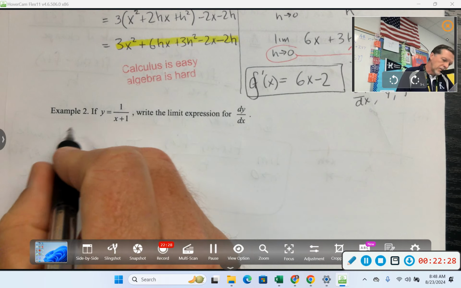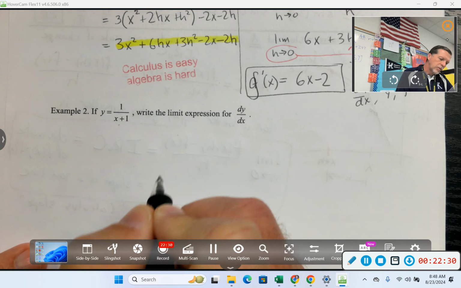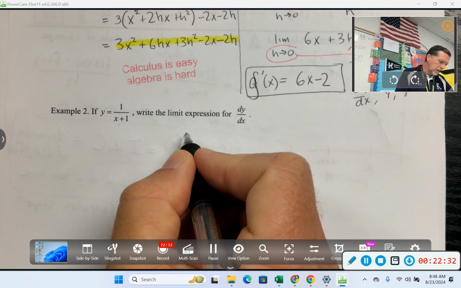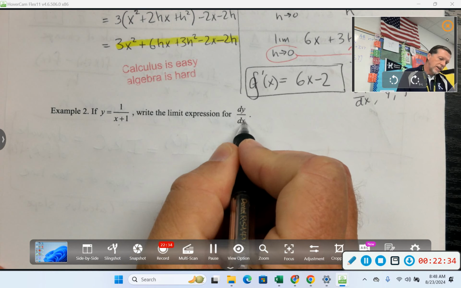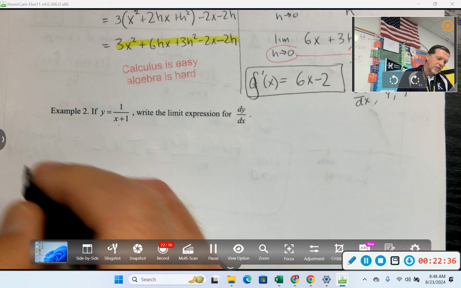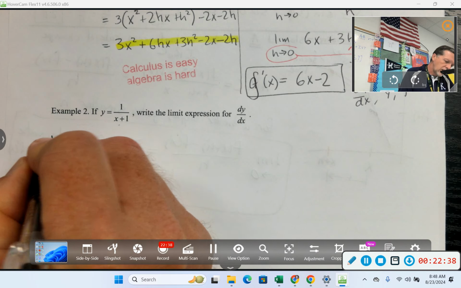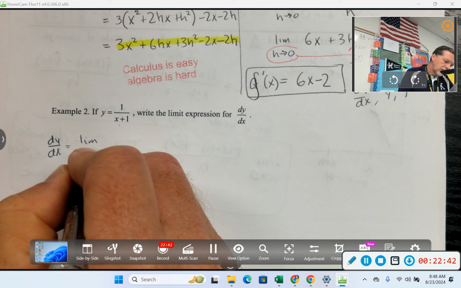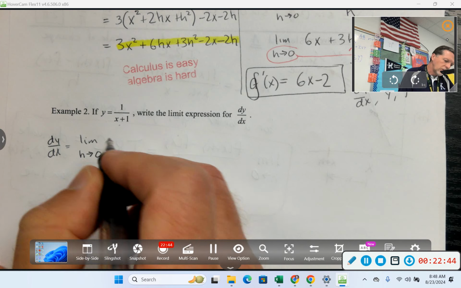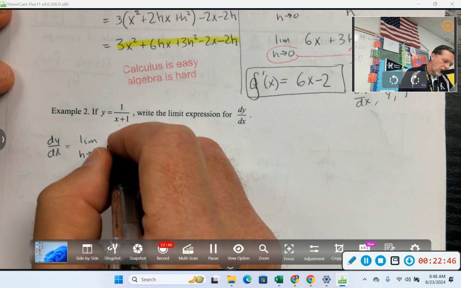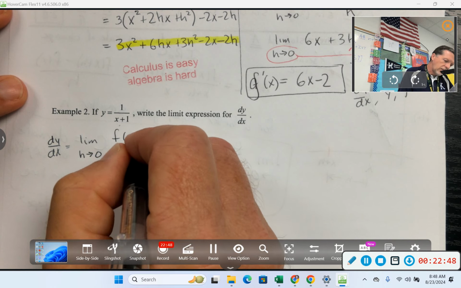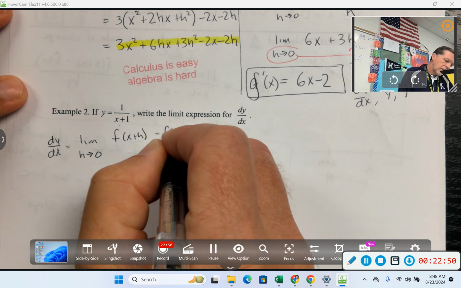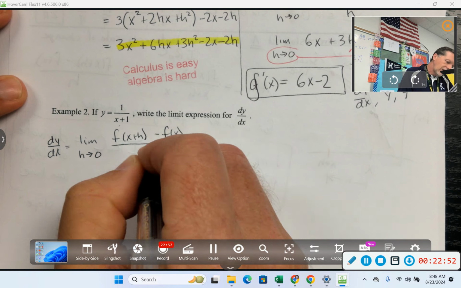Okay, let's try another one. If y equals 1 over x plus 1, write the limit expression for dy dx. Again, that's just another expression for derivative. So dy dx equals the limit as h approaches 0 of f of x plus h minus f of x all over h.